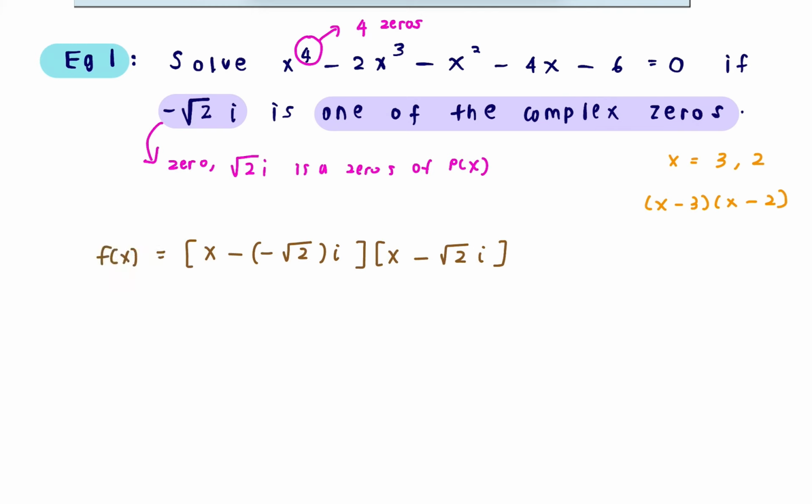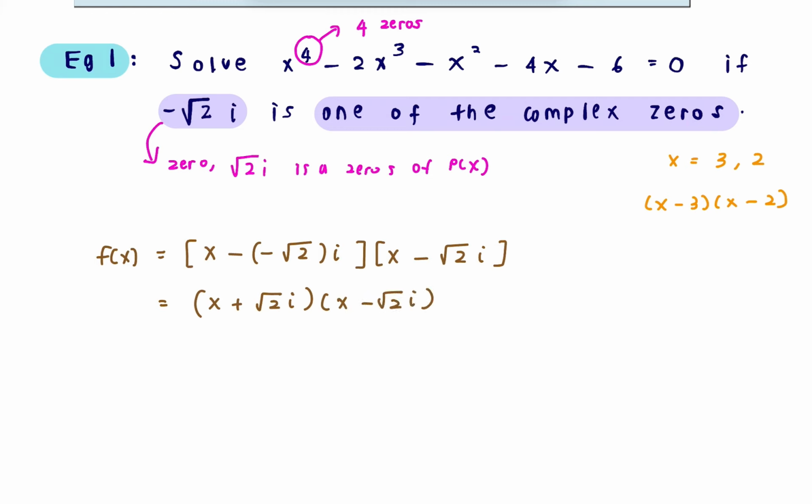You have to expand this first. How to expand? x minus negative square root of 2i gives x plus square root of 2i, and then the other one is x minus square root of 2i.